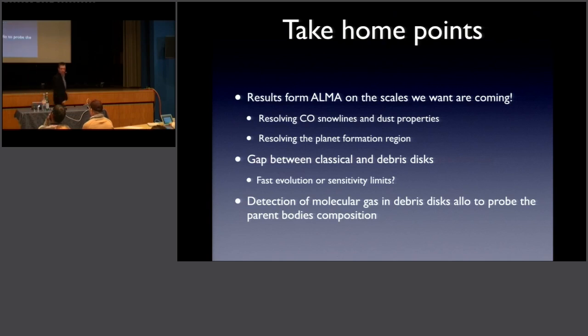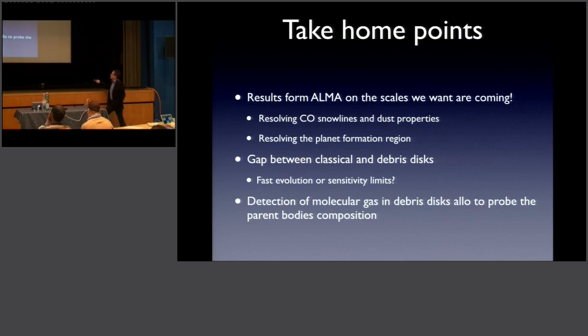So the take-home point for what I said so far is that the results from ALMA are coming, and there are a lot of programs on these evolved disks, which connect to the early evolution of the planetary systems that have already formed, and will arrive fast.